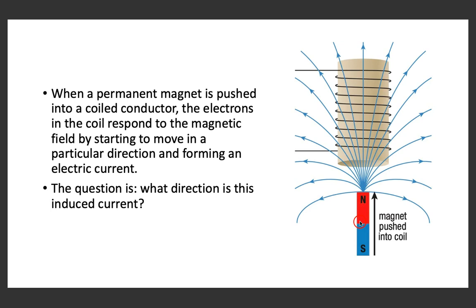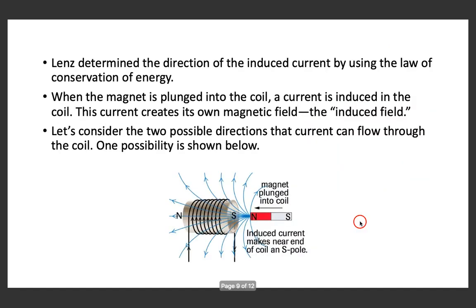And the question we're trying to answer is, what direction does the induced current go in? Okay, and so here's the argument that Lenz used in order to determine the direction that this induced current must go. He actually determined the direction by using the law of conservation of energy. And here's how it worked.